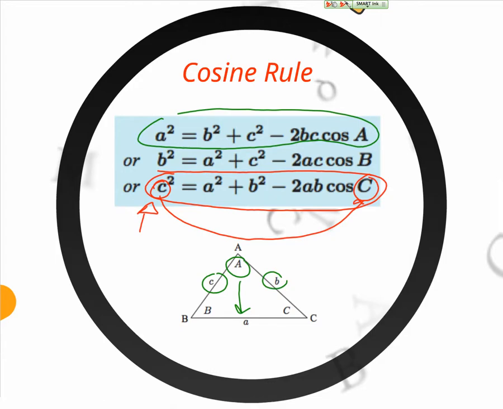If you're looking for side C, the angle has to be the angle C. If you're looking for side B, that's got to be the angle B. If you're looking for side A, that's got to be the angle A. So that's the really important part for setting this up. Again, in this situation, it's a side angle side situation. We talked about that yesterday, right? Okay.